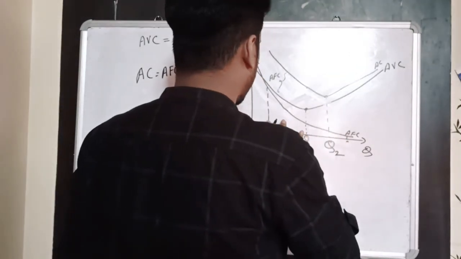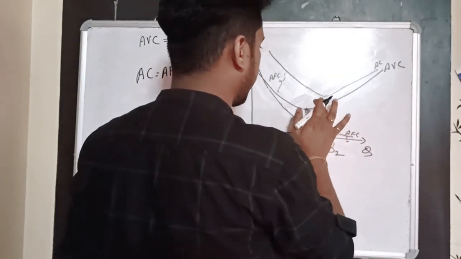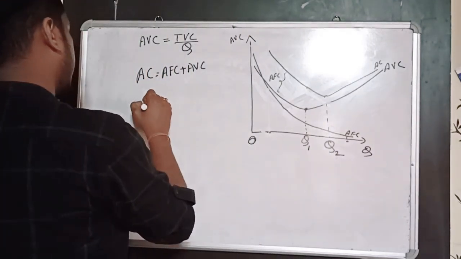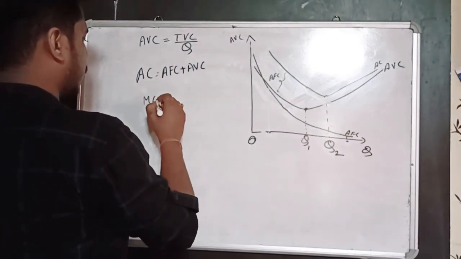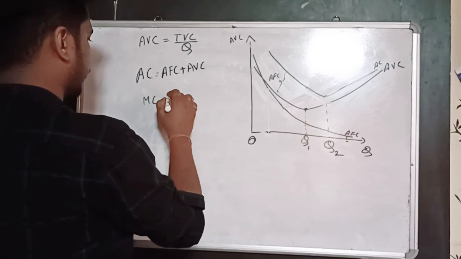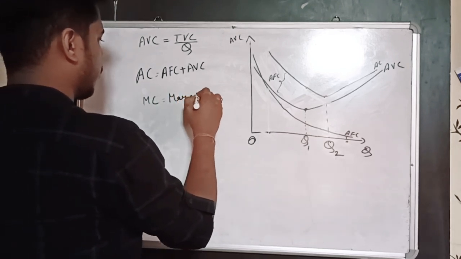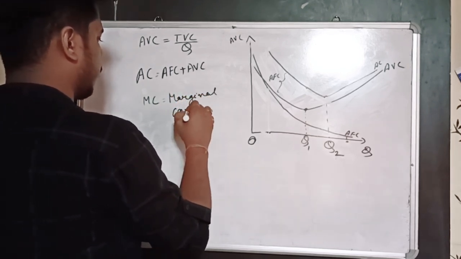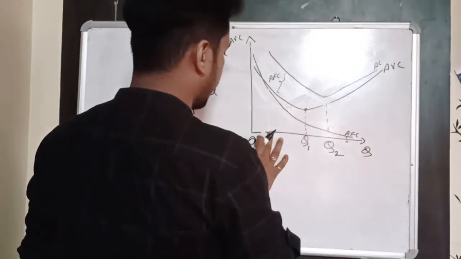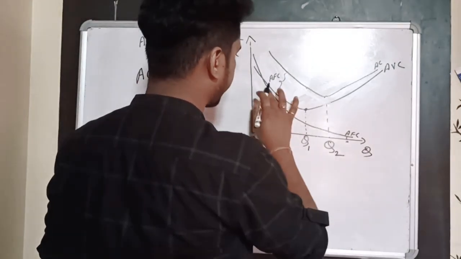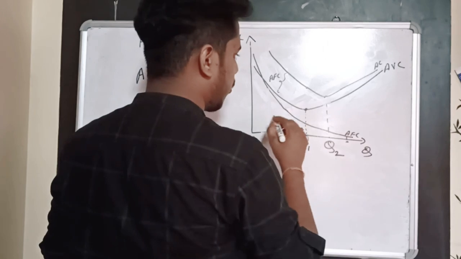So we are done with the three curves, and there is another curve, that is MC, the marginal cost curve. The marginal cost curve can be drawn in this fashion.